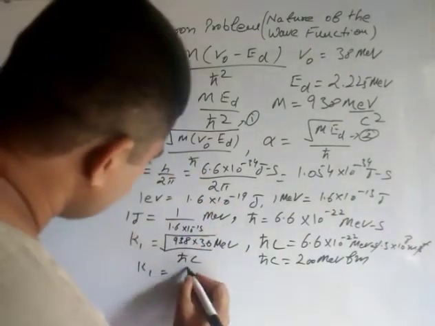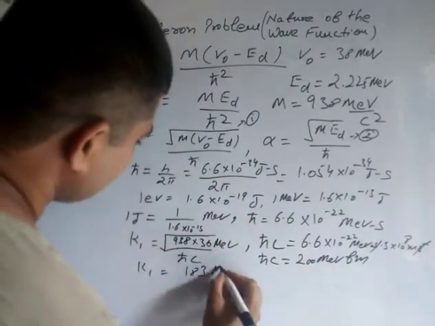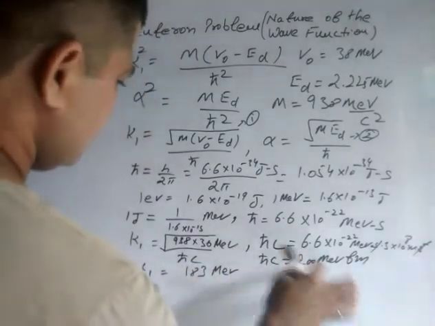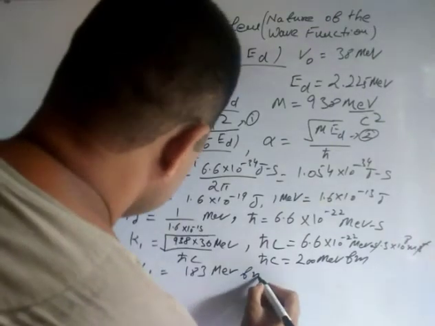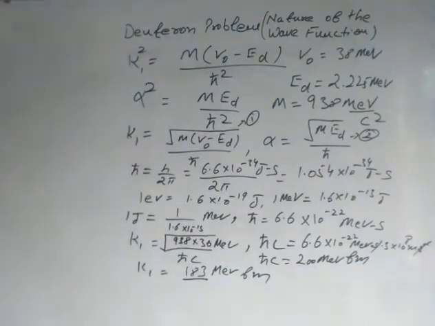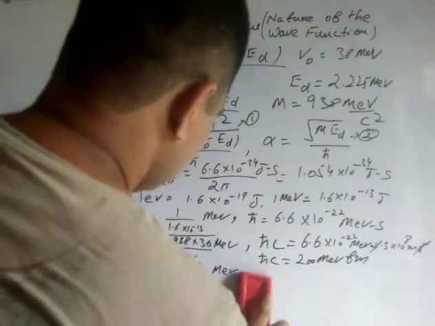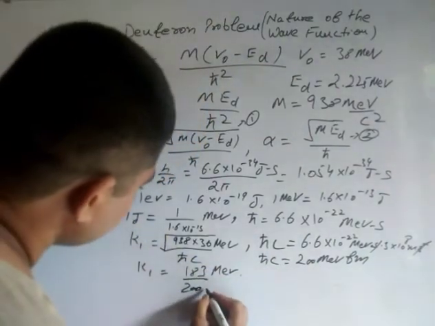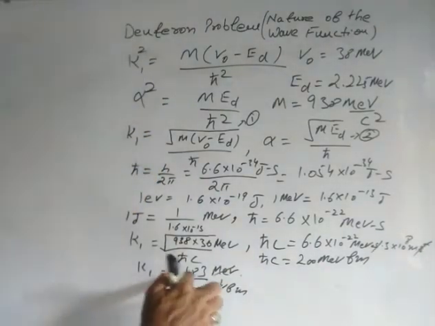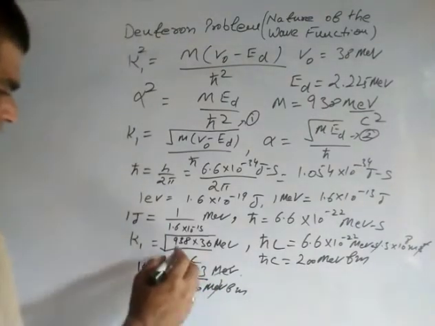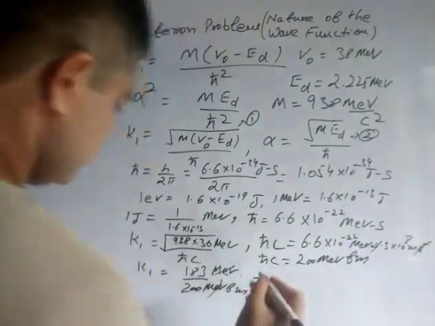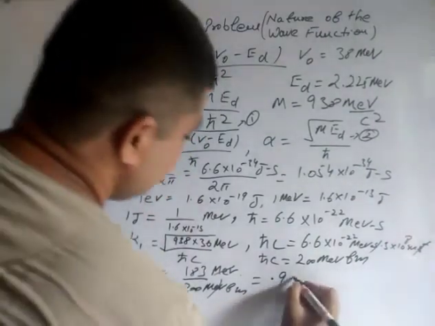When you solve it, you will get something around 183 mega electron volt, and since H cut C is 200 mega electron volt femtometer, the mega electron volt goes away. So when you solve, you get approximately 0.9 femtometer inverse.